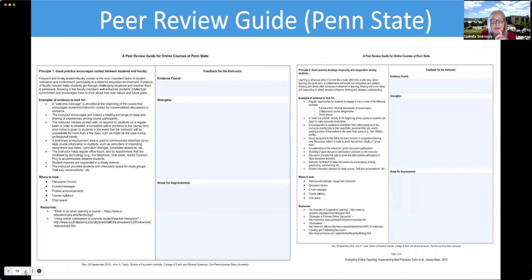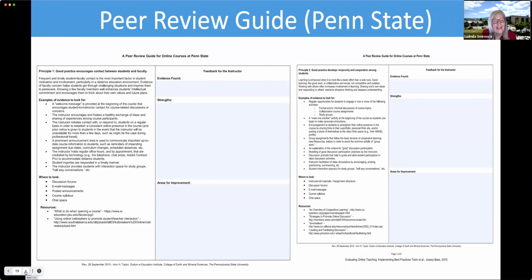The most used and most presentable, this peer review guide from Penn State became a very popular document that is used by many teachers, and it is also presented in many books about online teaching.